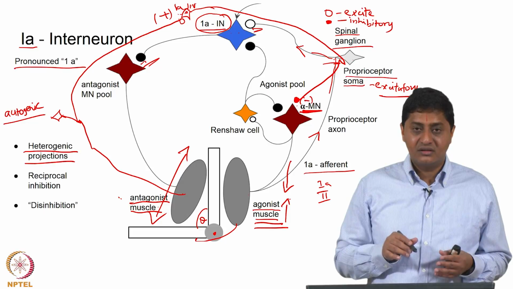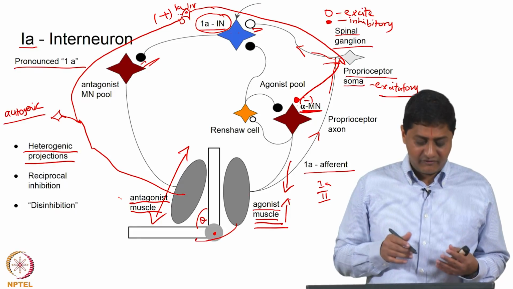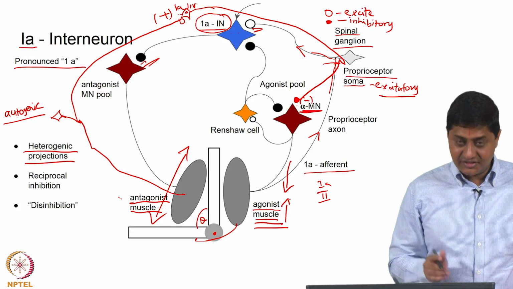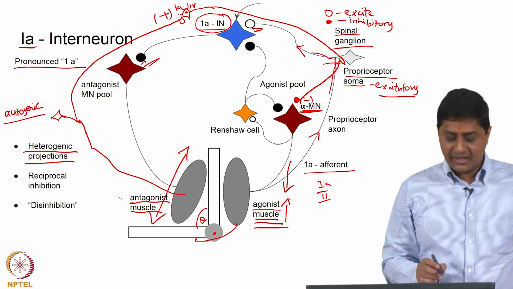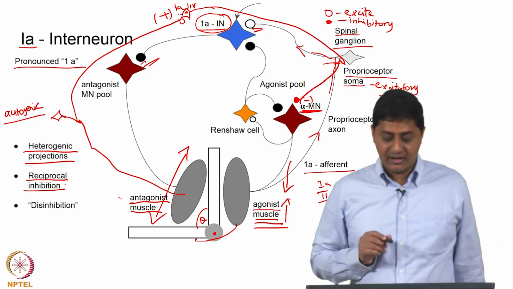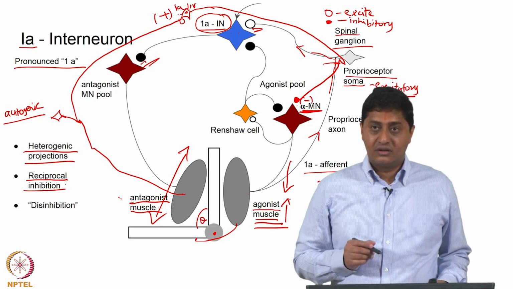I do not want the triceps to keep contracting forever. So, I want to minimize it. So there is this balance that is achieved between agonist and antagonist.